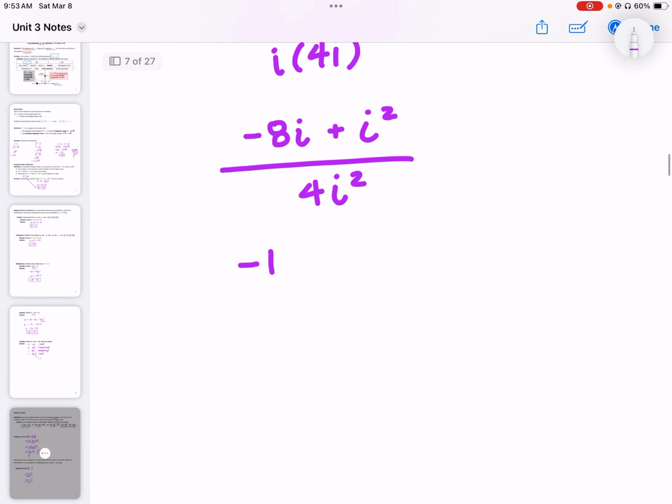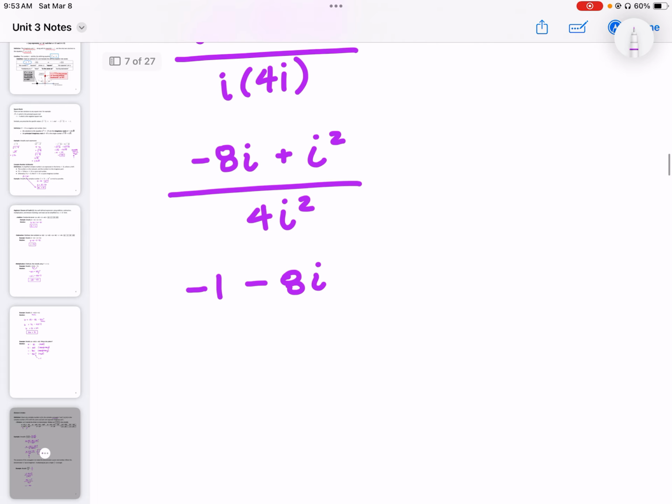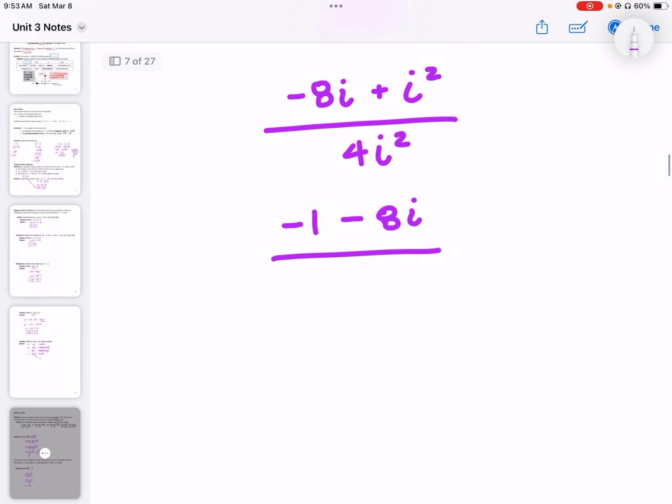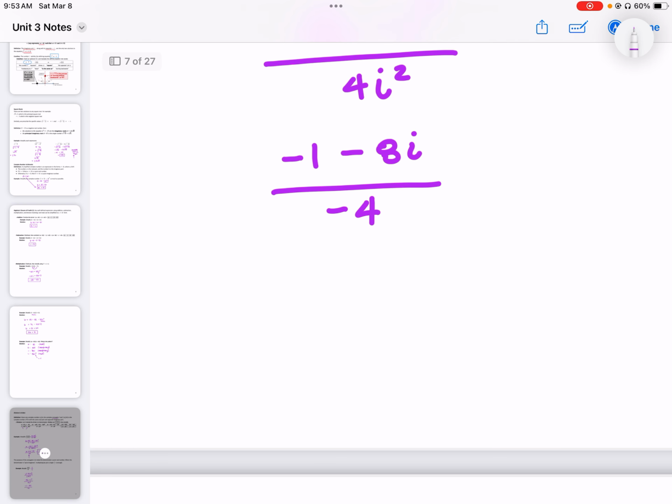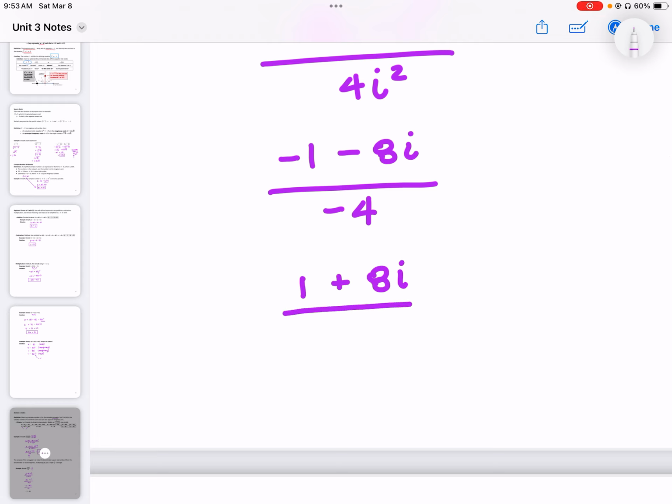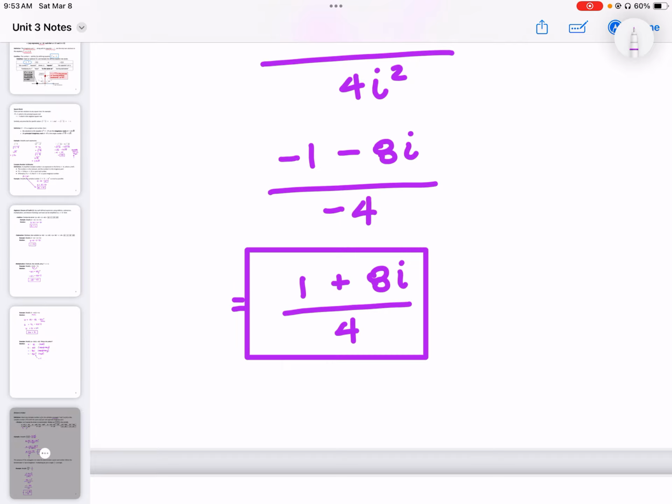We'll have minus 1 minus 8i over minus 4. If you want to simplify, because everything is negative, you could also just write 1 plus 8i over 4, because the negatives do cancel everywhere. Either answer would be fine.